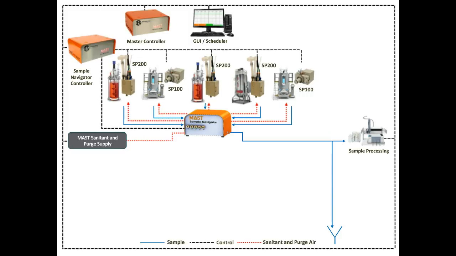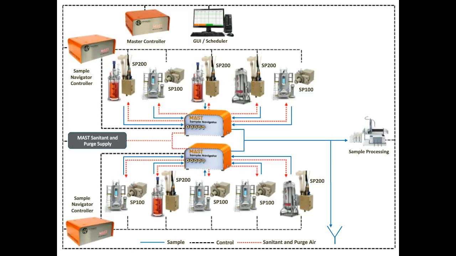So in here, we add this item called the Sample Navigator controller. You add enough outputs to run 5 bioreactors, and the Sample Navigator box, which is like our traffic cop, routes the samples. And this can be readily expanded up to 10.